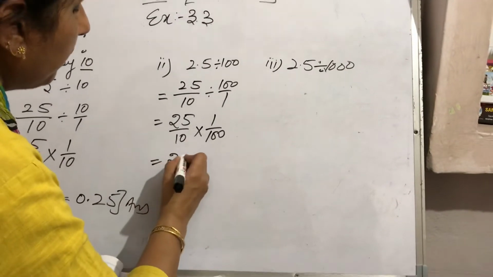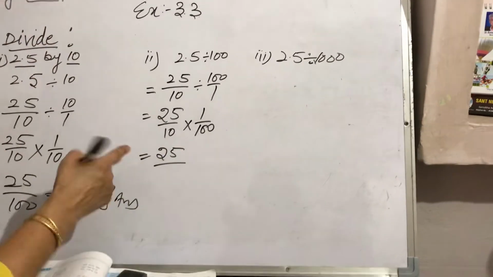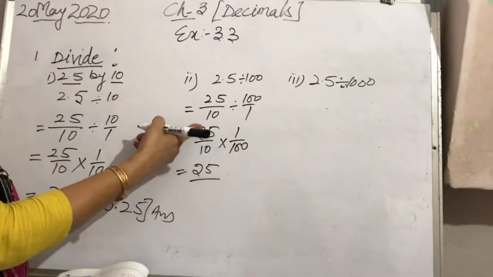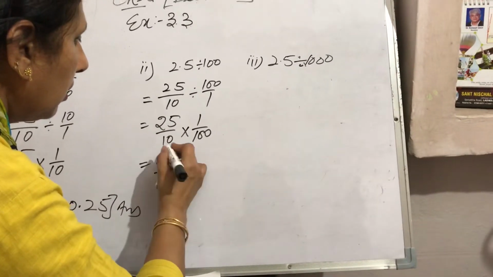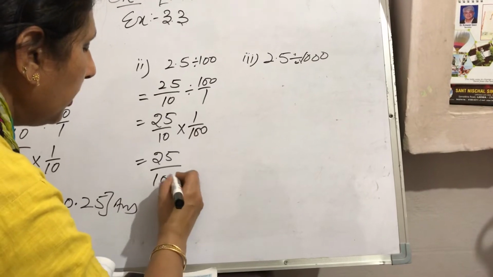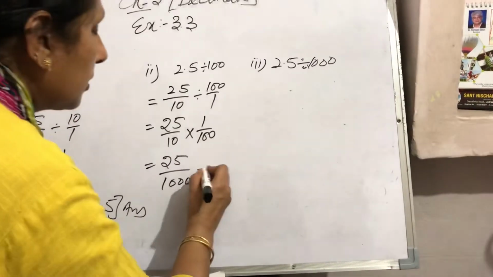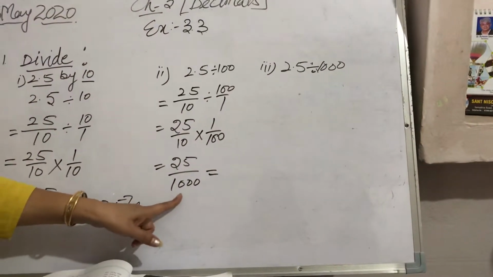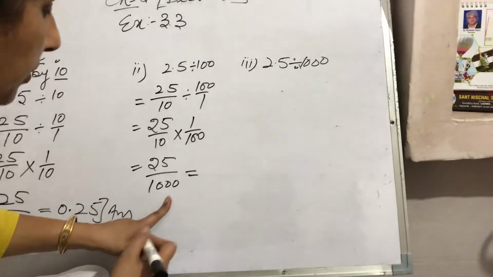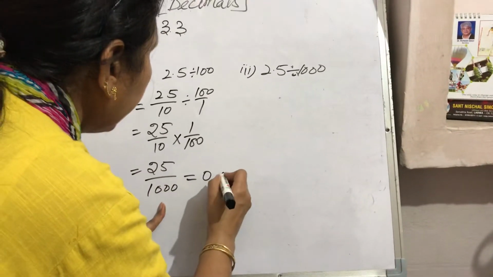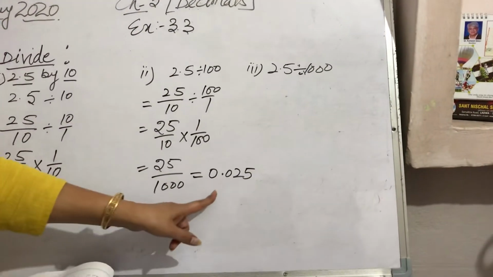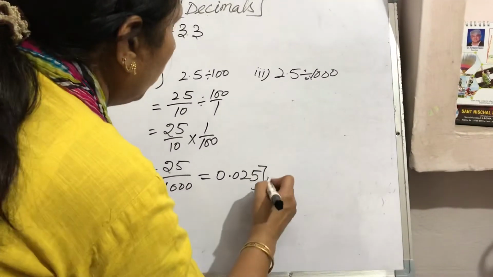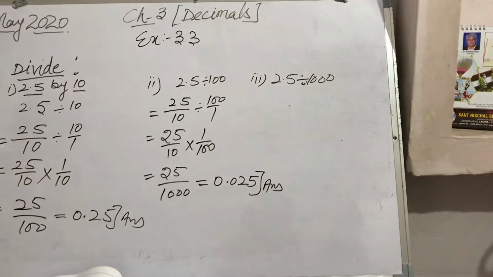So 25 upon, again it can be reduced, but we are not reducing, because 10 multiplied by 100 will be 1000. So only zeros are in the denominator, so convert into decimal place. 3 digits should be there in the decimal place. 0.25. This is the answer.